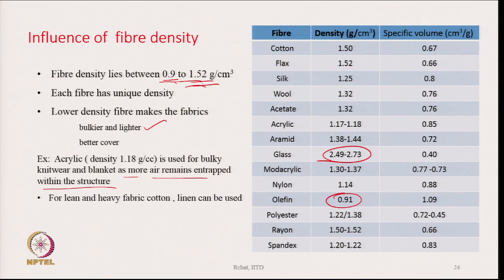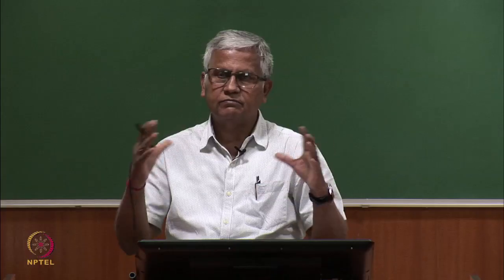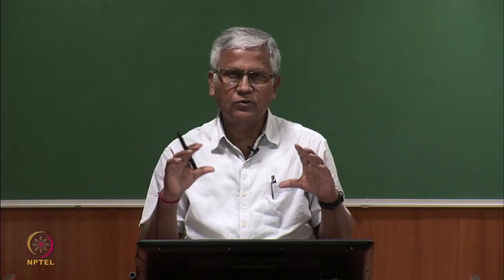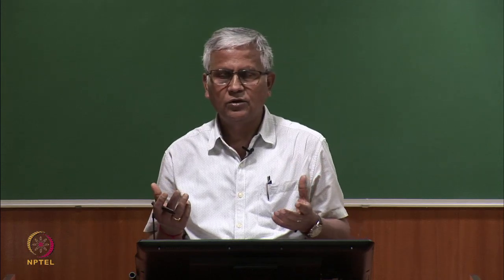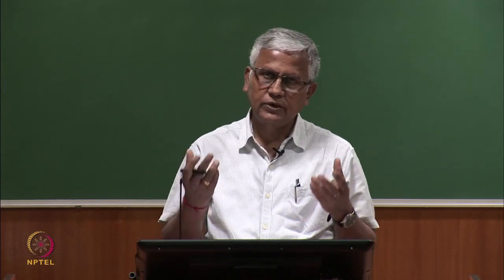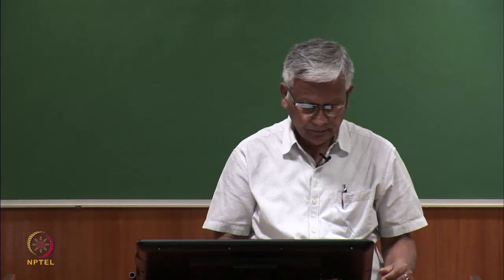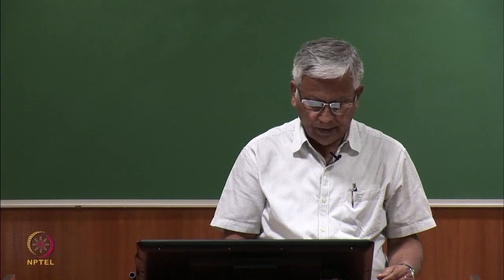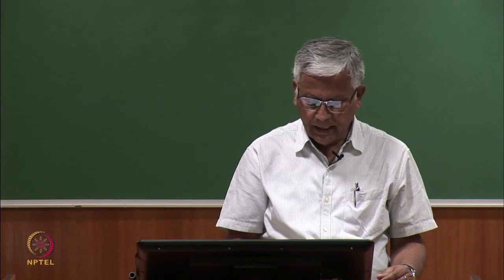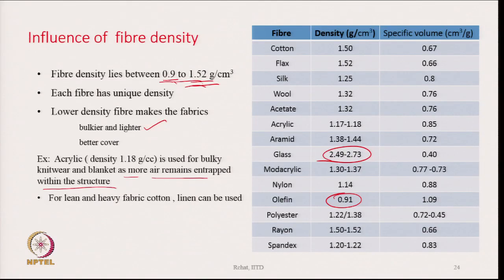That is one thing, and acrylic is also very light as well. So, the pullover looks bulky in nature, but it is very light at the same time, because I am using a very low density fiber. But for very lean and heavy fabric, cotton, linen can be used.